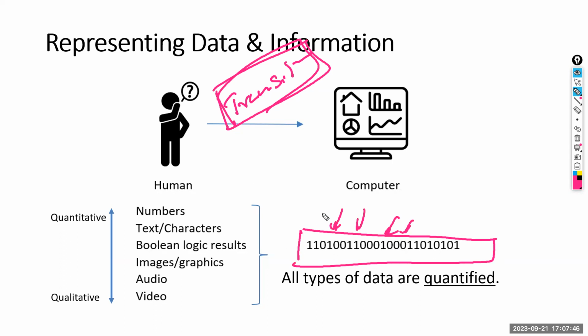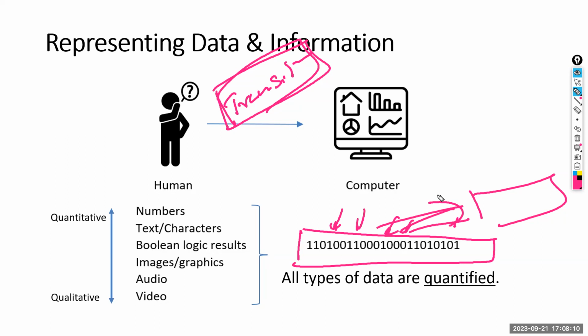The main reason is we process this data by sending it through digital circuits or logic gates. Those logic gates are binary logic gates, Boolean logic gates, two-state logic gates.